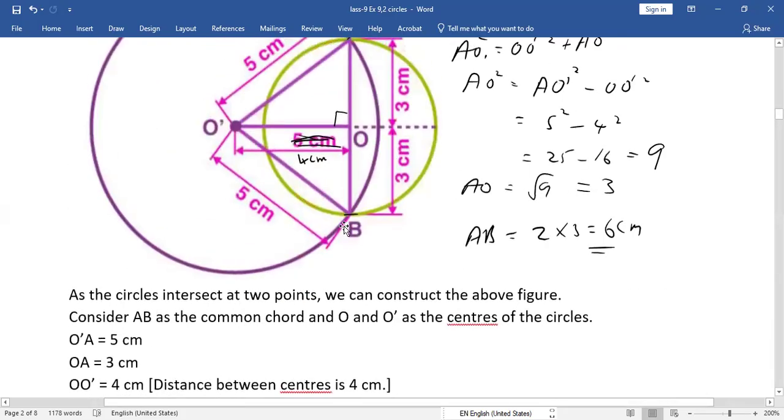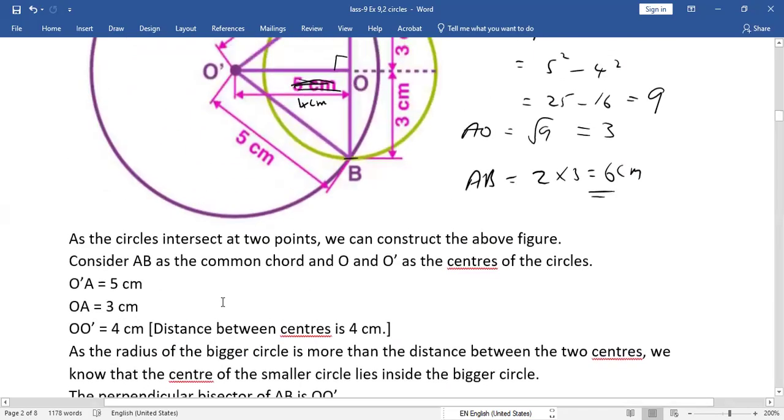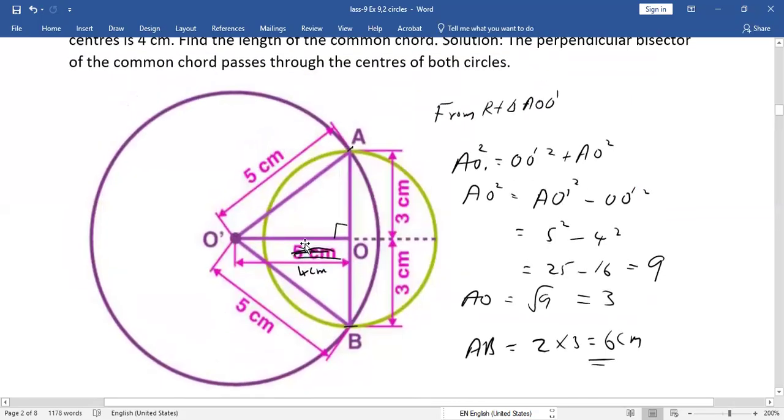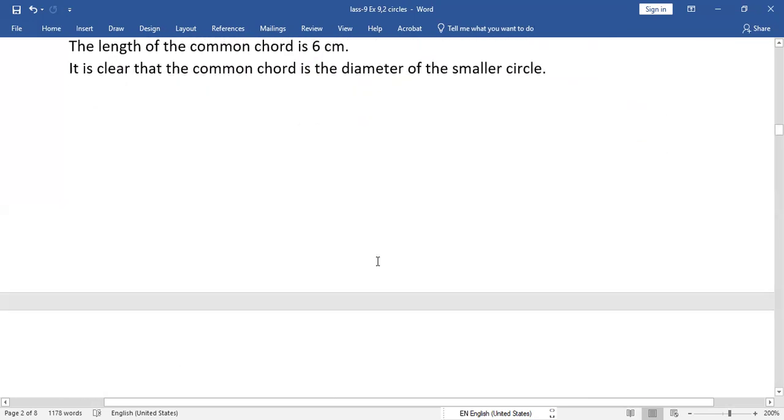OO dash is the perpendicular bisector of AB. So OA is equal to OB, we got that as 3 centimeter, 3 centimeter. Like that also we can do.